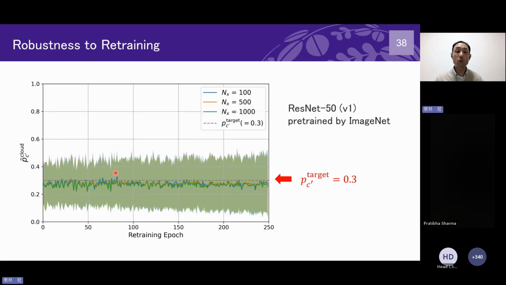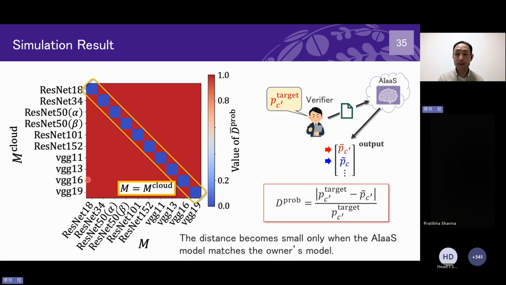In this case, the verifier gives the target class probability, and the adversarial example is thrown to the cloud server and the result is observed. Then we measure the distance between the target class probability and the output probability.